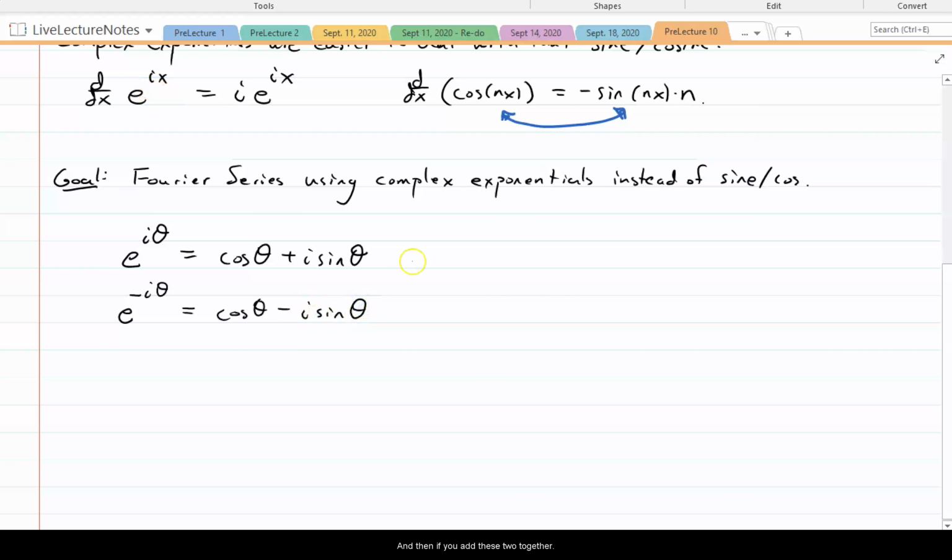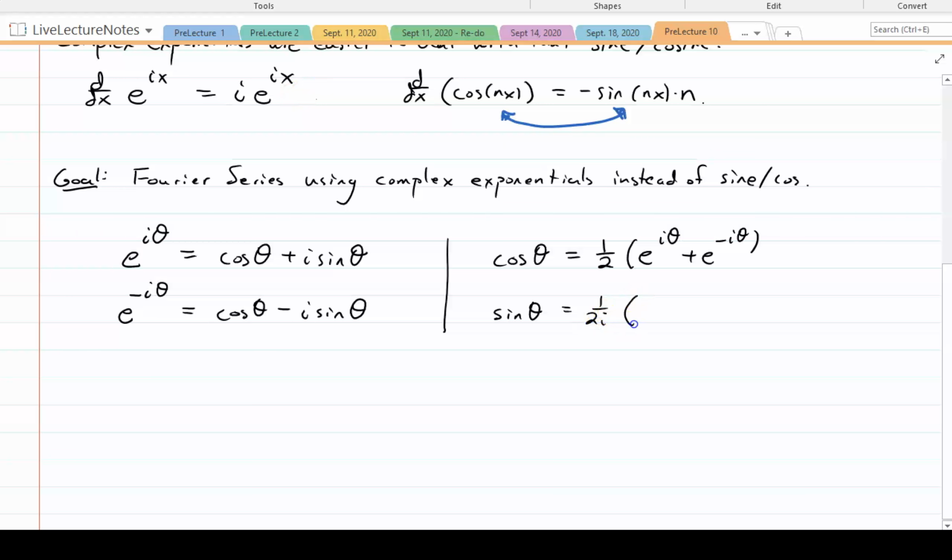If you add these two together, you get, hopefully this seems familiar from last semester, cosine theta is 1/2 (e to the i theta plus e to the minus i theta). And sine of theta is 1/2i (e to the i theta minus e to the minus i theta).